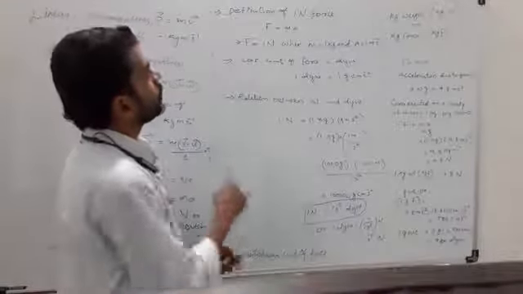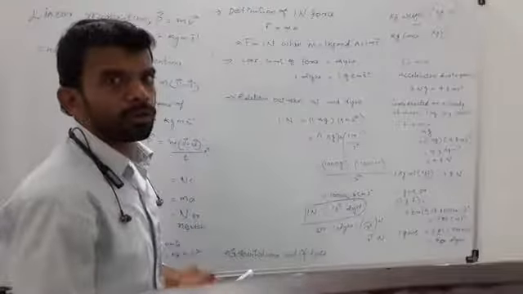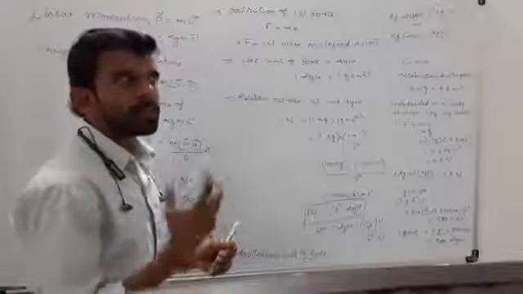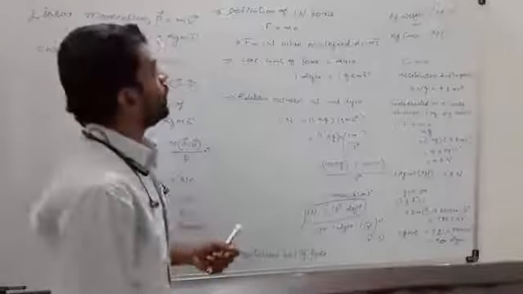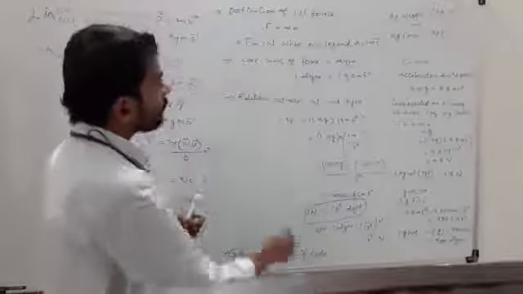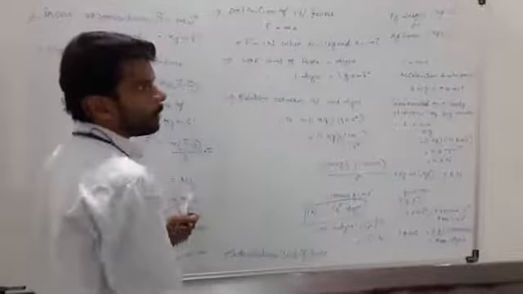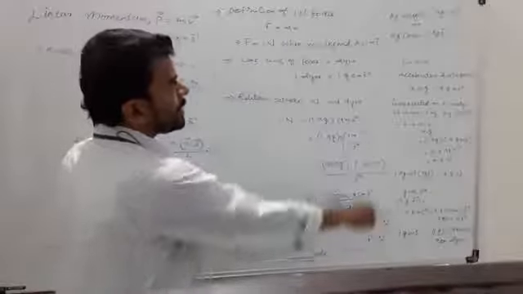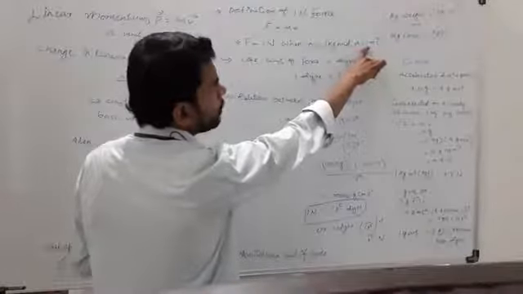Now, first one, definition of 1 Newton force. How to define 1 Newton force, or what is the magnitude of 1 Newton force, or what is 1 Newton force? Now imagine we are having a body of mass 1 kilogram, and it is being accelerated with a magnitude 1 meter per second square.